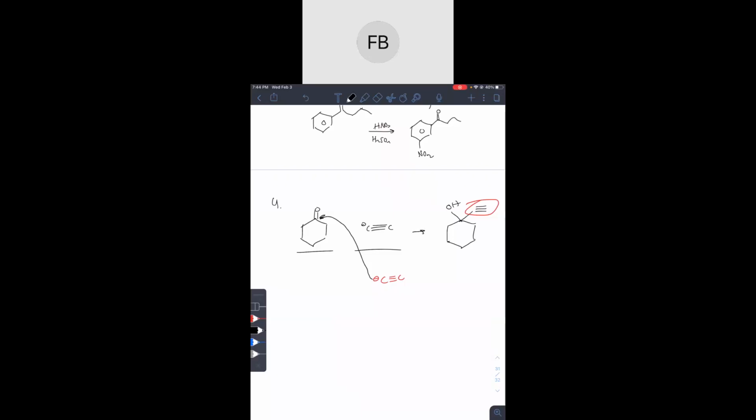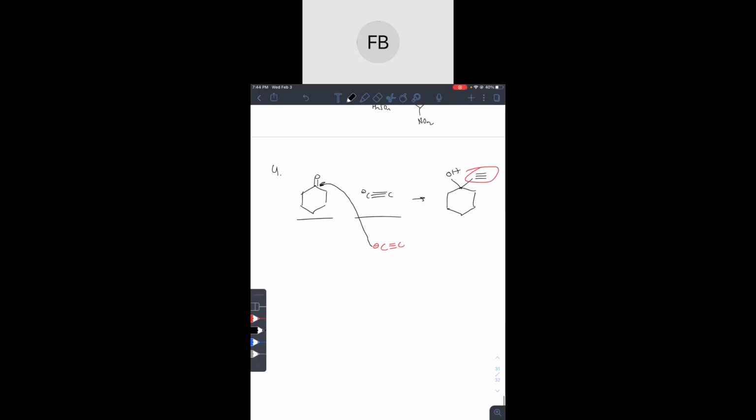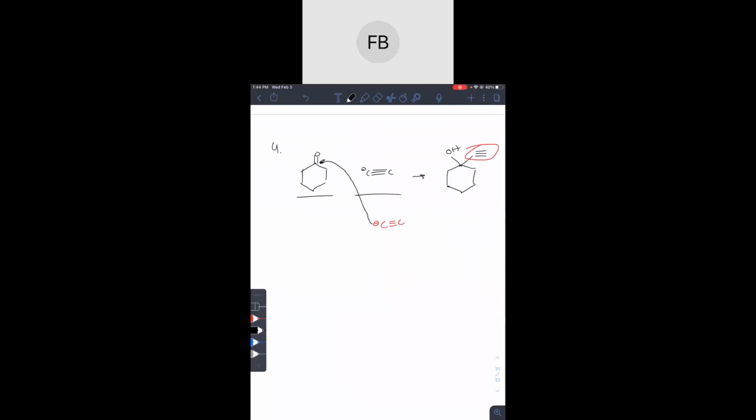Okay, can I explain this one a little more? Okay, so how do I explain this? Whenever you see an alcohol, let me draw this out a little bit better. If you can imagine, here's a carbon, here's a ketone, right?